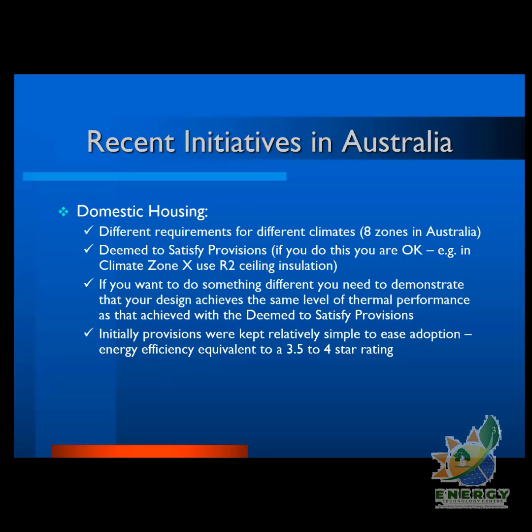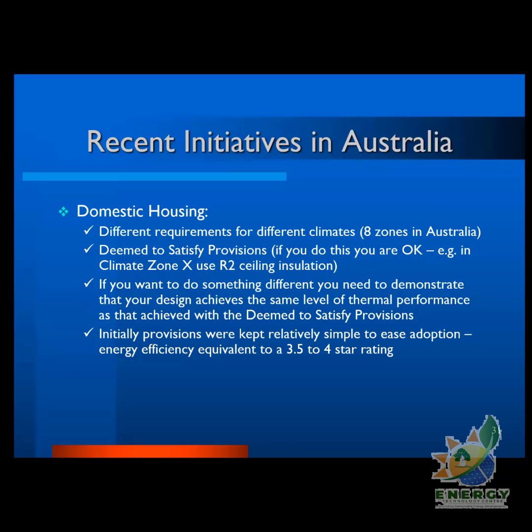So we have what we call the deemed to satisfy provision. If you do this, you are okay. For example, in climate zone X, use R2 ceiling insulation. Then if you do that, you are fine. You have to follow that.